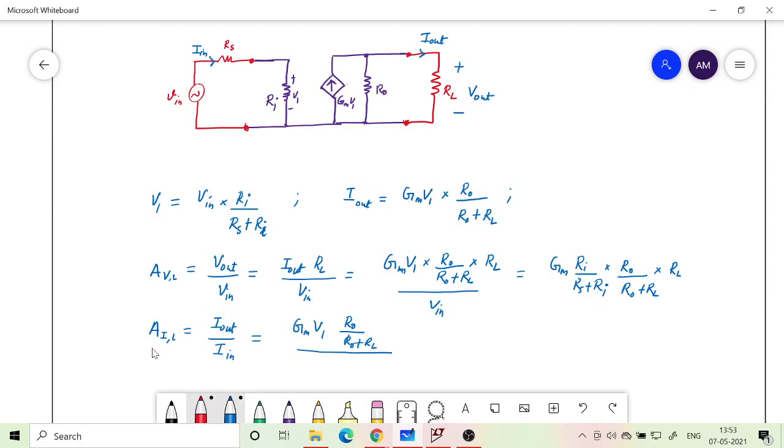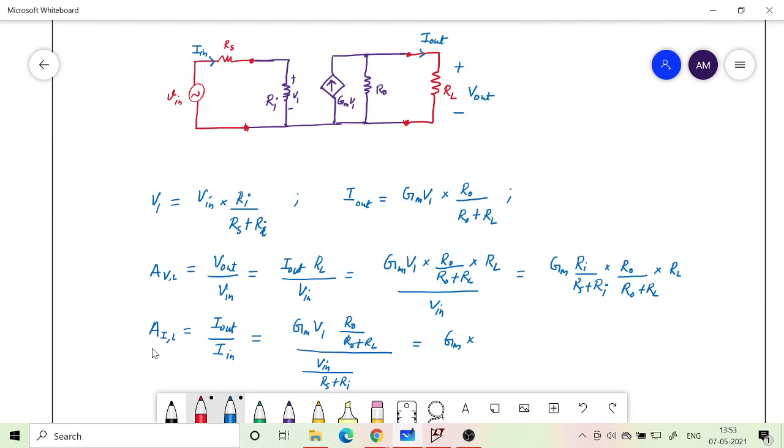I in is simply V in divided by the series resistance Rs plus Ri. Again we continue, Gm into V1 is what?